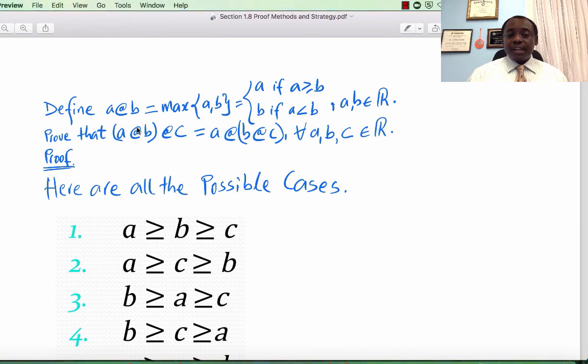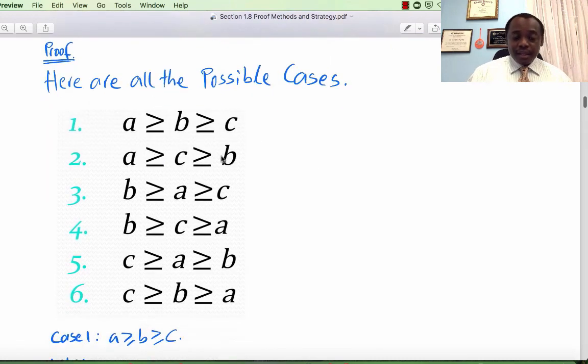So I'm going to start with the left-hand side and get a simplified form, then move over to the right-hand side, get a simplified form. And if my simplified forms from the left-hand side and the right-hand side are the same, then I can conclude that I am done. Okay, let's go ahead.